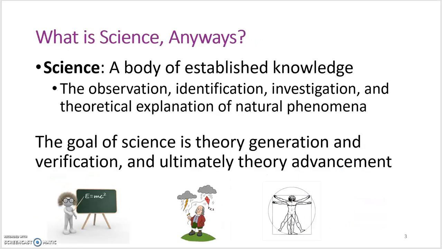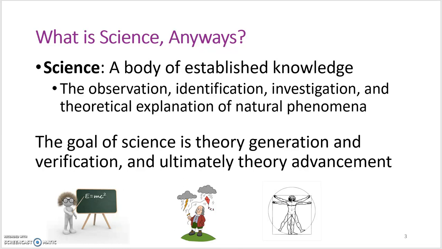So to understand the scientific method, we first need to understand the concept and the goals of science. So a science, such as biology, astronomy, or social science, is a body of established knowledge. Another common definition of science is the observation, identification, investigation, and the theoretical explanation of natural phenomena.